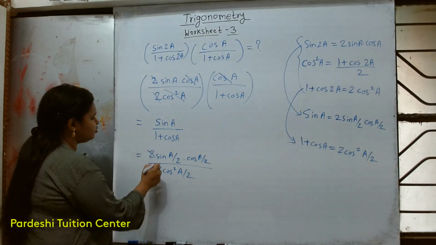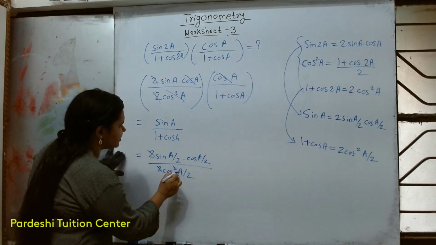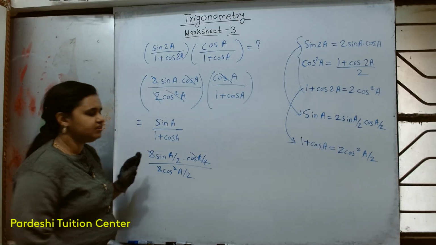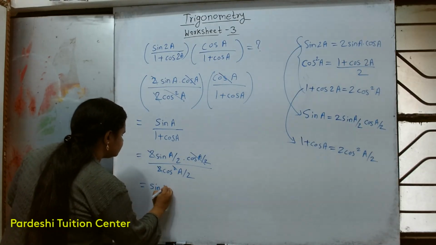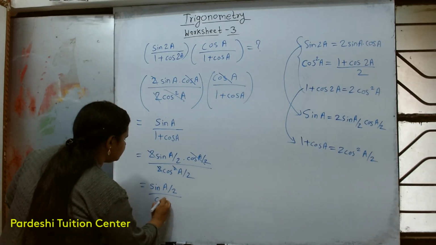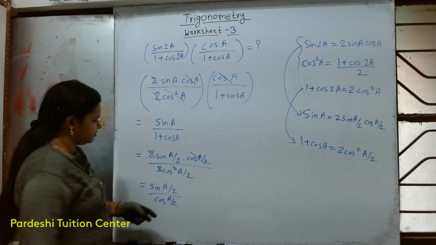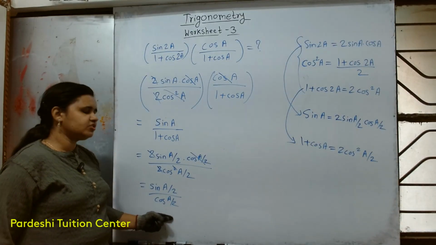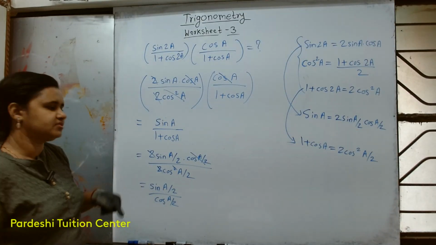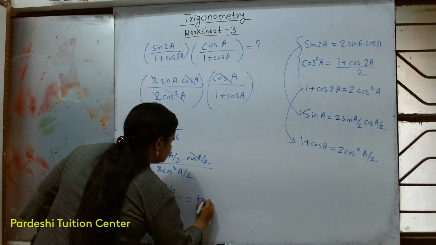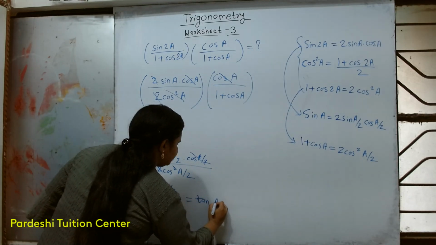Now 2 and 2 will get cancelled, and cos A by 2 and cos A by 2 will get cancelled, and what is remaining? Sin A by 2 upon cos A by 2. And what is sin upon cos? It is tan. So it will be tan A by 2.